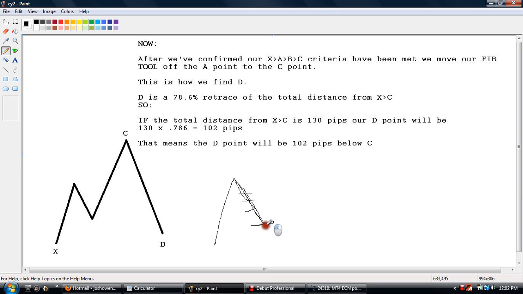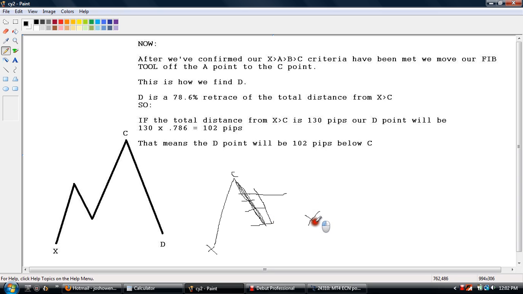This is the retrace right here from X to C. And the way you know you'll have your fib tool done properly on these retraces, whether it's from X to C or C to D, is where price comes to first. It's going to come to the 38 first, the 50 second, the 618 third, and the deepest retrace on your fib tool is going to be a 78.6.